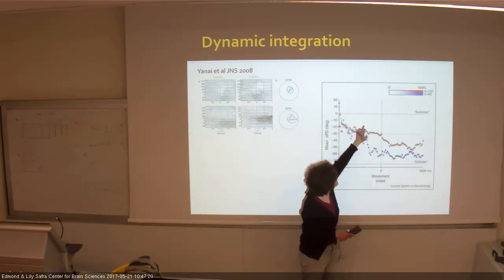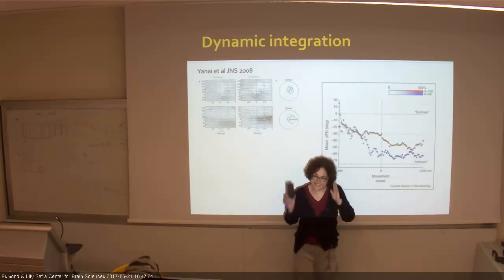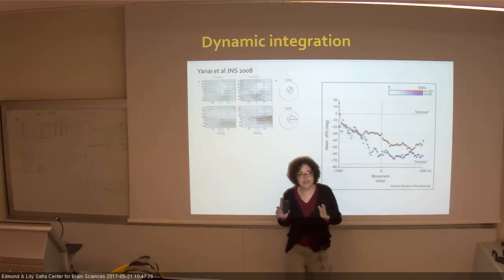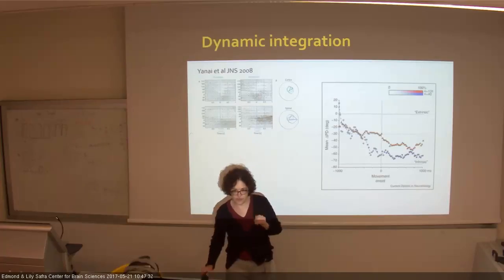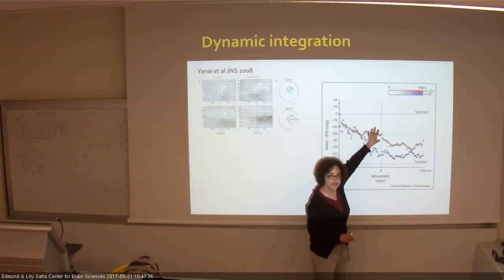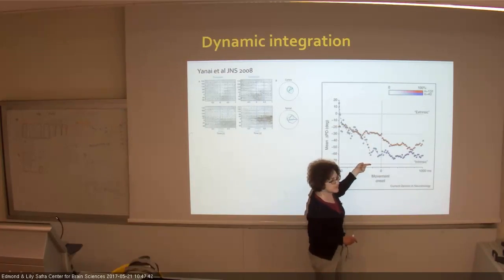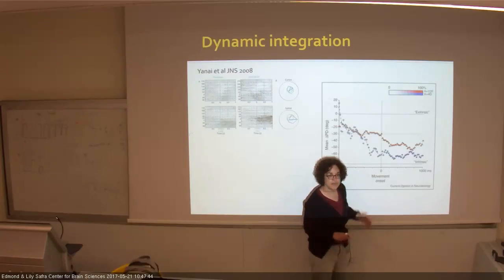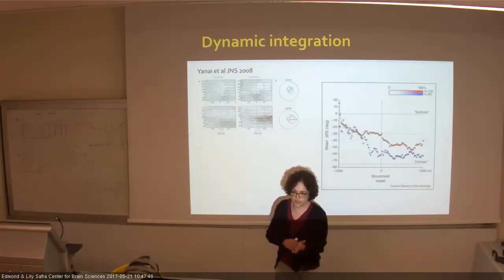And you can see that just before movement, on average, motor cortex is still somewhere between external and internal coordinate frame. The average shift of cortical cells is about 30 degrees before movement. So it's not external and it's not internal. But at that time, the spinal cord is already in a muscle-based coordinate frame.